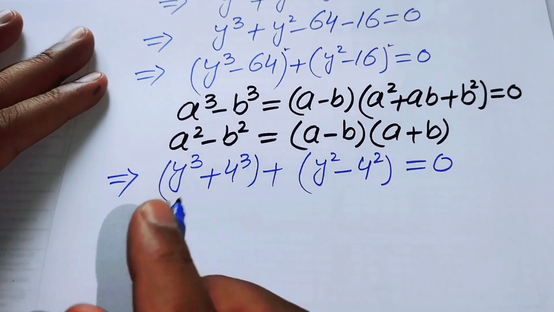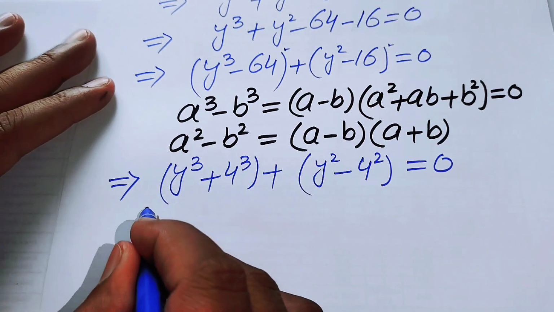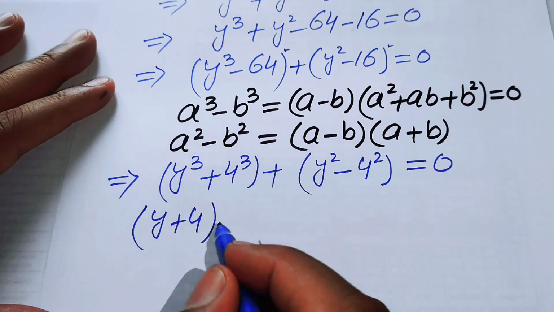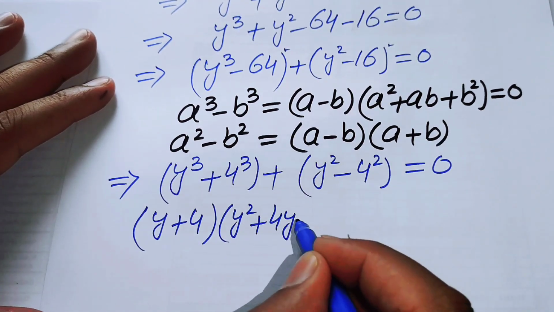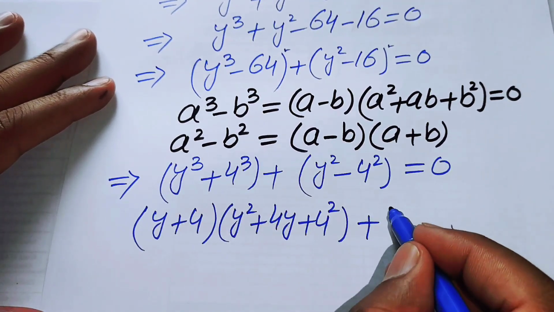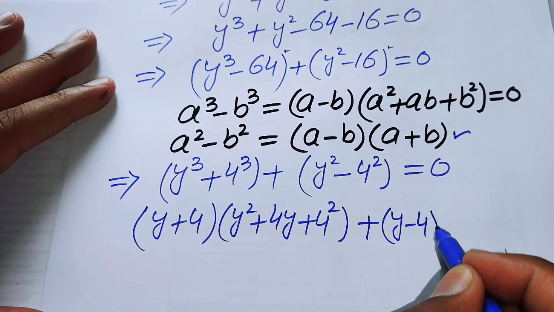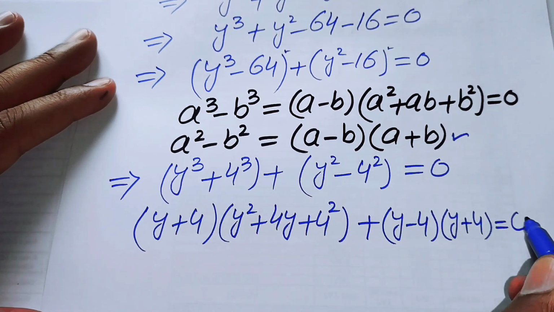So now I can first apply the cubic formula, so this expression becomes y plus 4 times y square plus 4y plus 4 square, and plus here I can apply the other formula, so this becomes y minus 4 times y plus 4 is equal to 0.